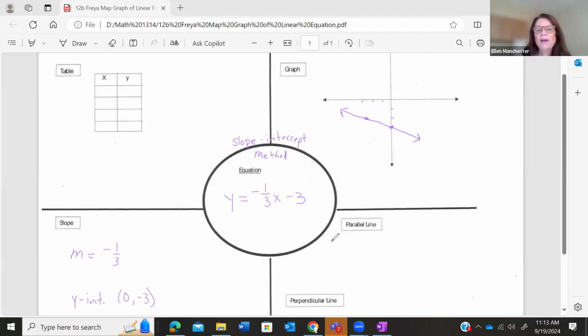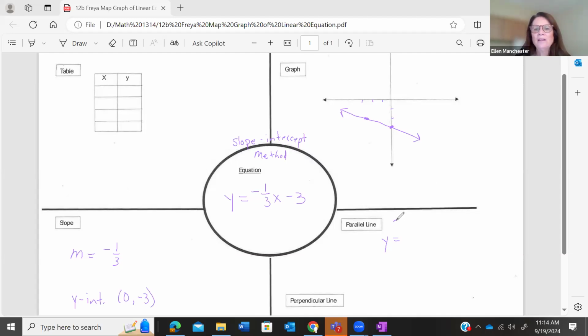Okay, so now I can answer these questions: parallel line, perpendicular line. So what is the slope, or will give me an equation of a parallel line? So what do we know about the slope of a parallel line? It's always what? No, parallel line. Remember that they have the same steepness. The same, good.